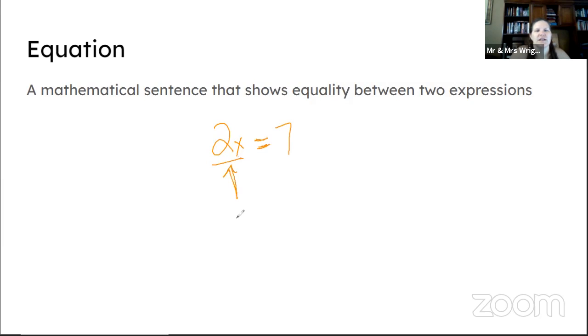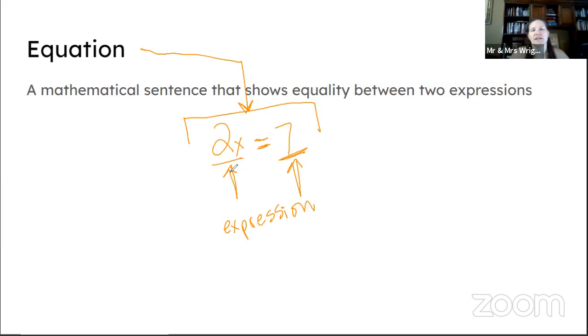This is an expression. This is an expression. And then all together, the whole thing is an equation. Okay, so we've got two expressions that make up an equation. There's an expression on the right side and an expression on the left side joined together by an equal sign. That's what makes an equation.